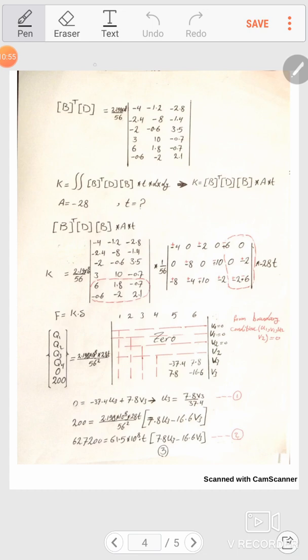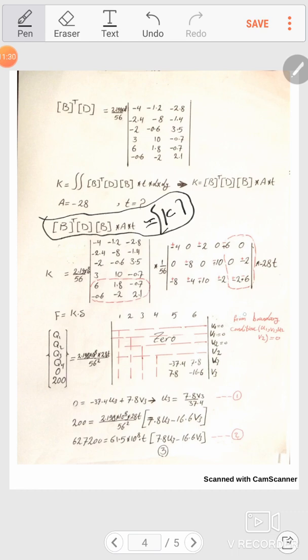Next slide, just multiply B transpose and the D matrix. After that, you can apply or do the K matrix. This is the rule of the K matrix: K equals B transpose times D times B times A times t.